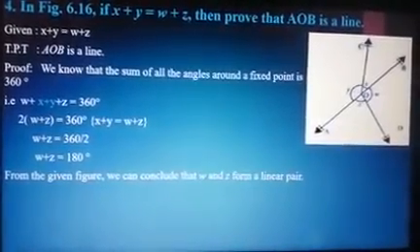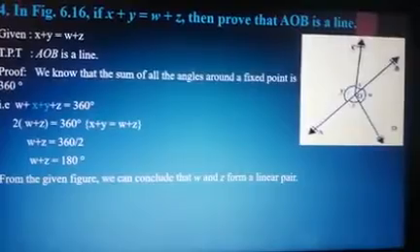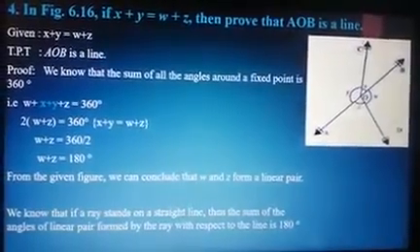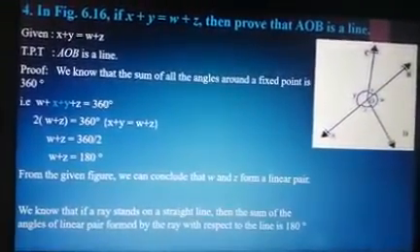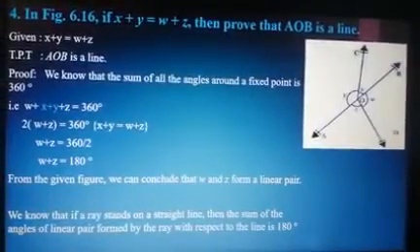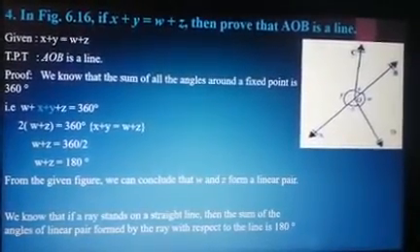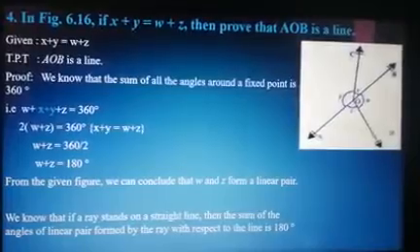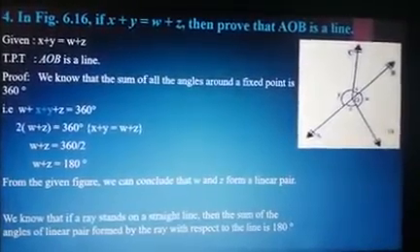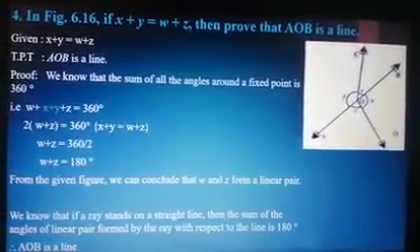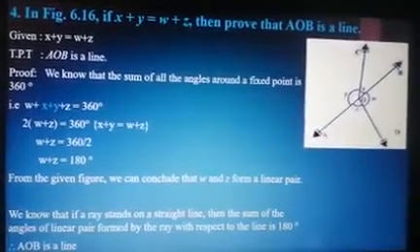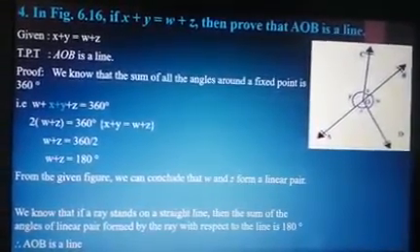From the given figure, we can conclude that w and z form a linear pair. So we know that if a ray stands on a straight line, then the sum of the angles of the linear pair formed by the ray with respect to the line is 180 degree. So from that I can say that AOB is a line. So this is how we are going to prove that it is a line.